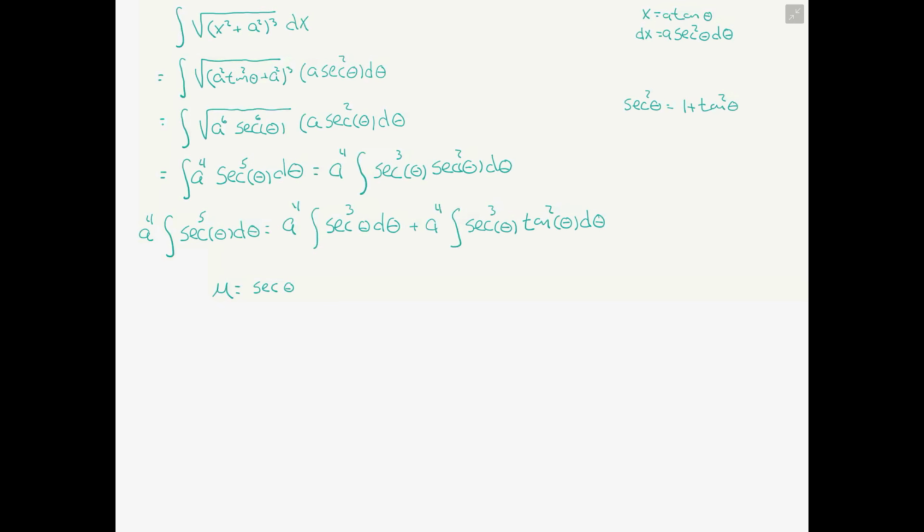And in this, I'm choosing to solve, I believe, the second integral, the secant to the third theta tangent squared theta. And in this, I'm using a u substitution of secant theta times tangent squared theta. And there's the derivative.